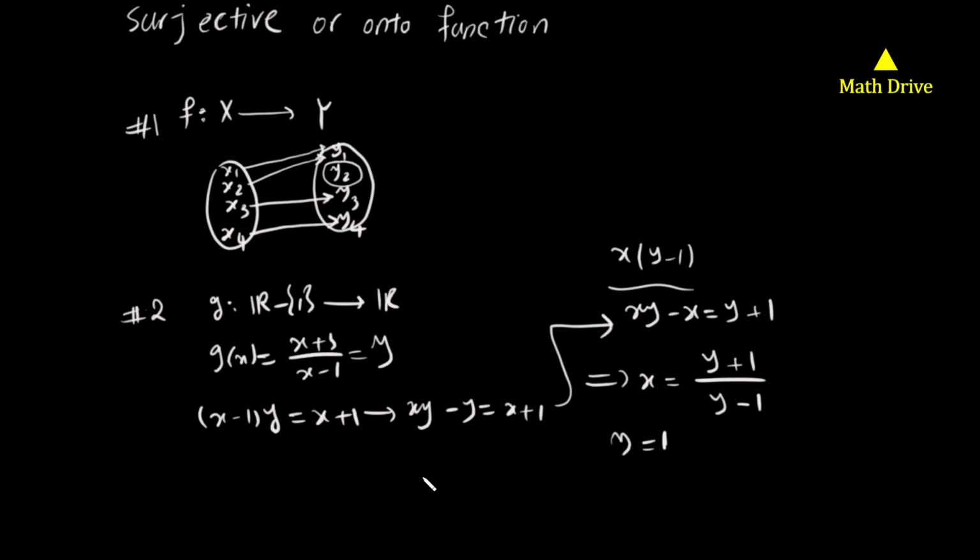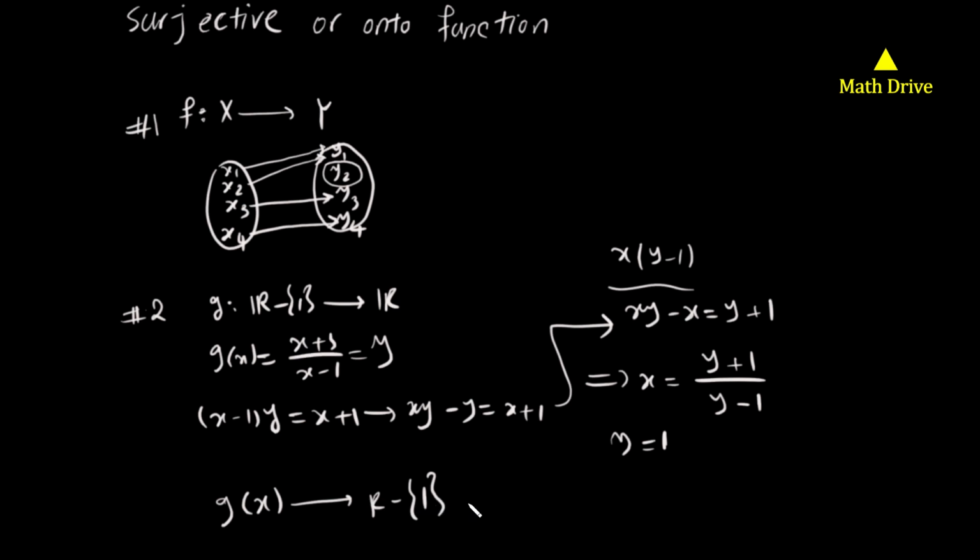So this function g(x) covers all the set of real numbers except number 1. So this function g(x) from R minus 1 into R is not surjective or onto because the g(x) output basically does not cover number 1.